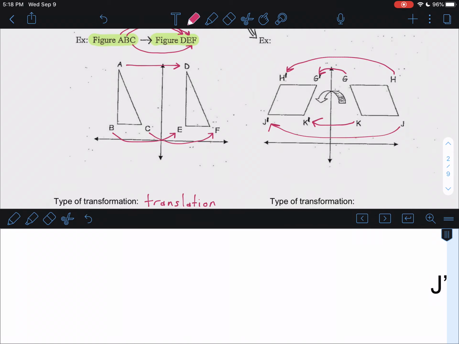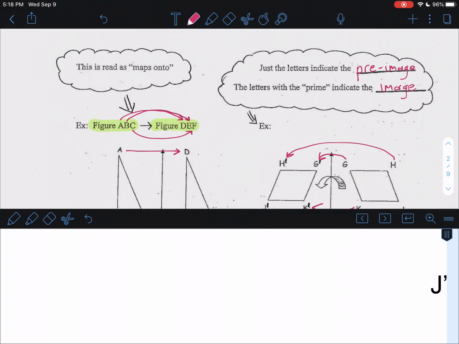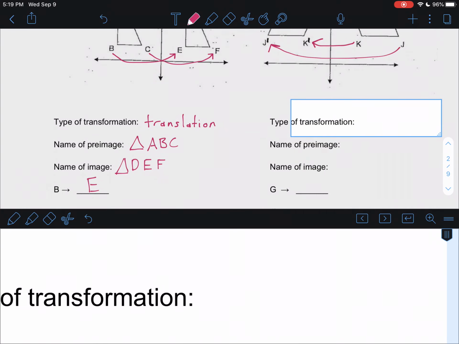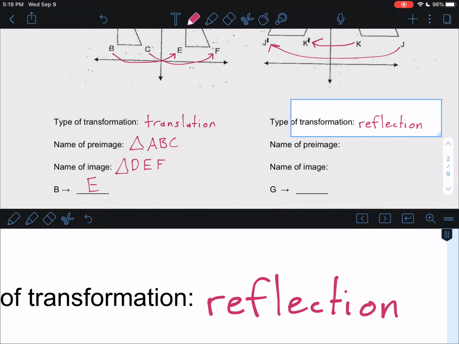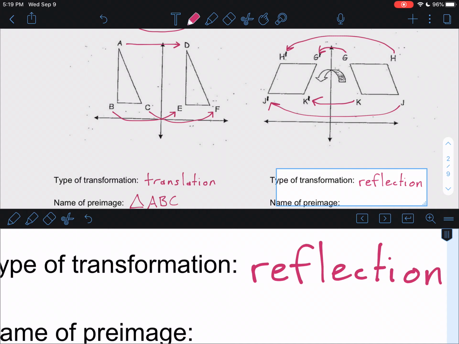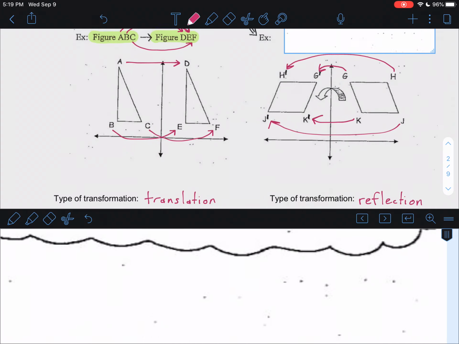Now with this one, the type of transformation, we said it was a reflection because it's being reflected over the y-axis. The name of the pre-image, so before it got reflected.